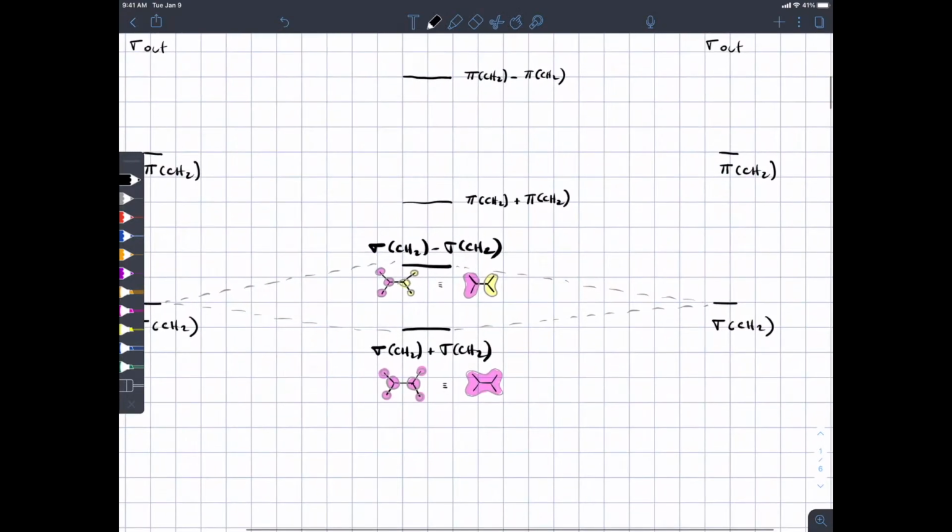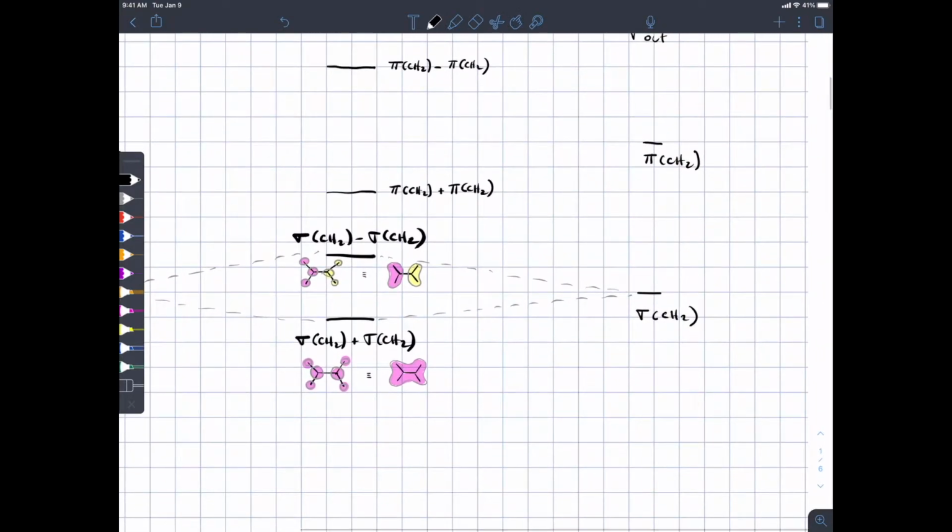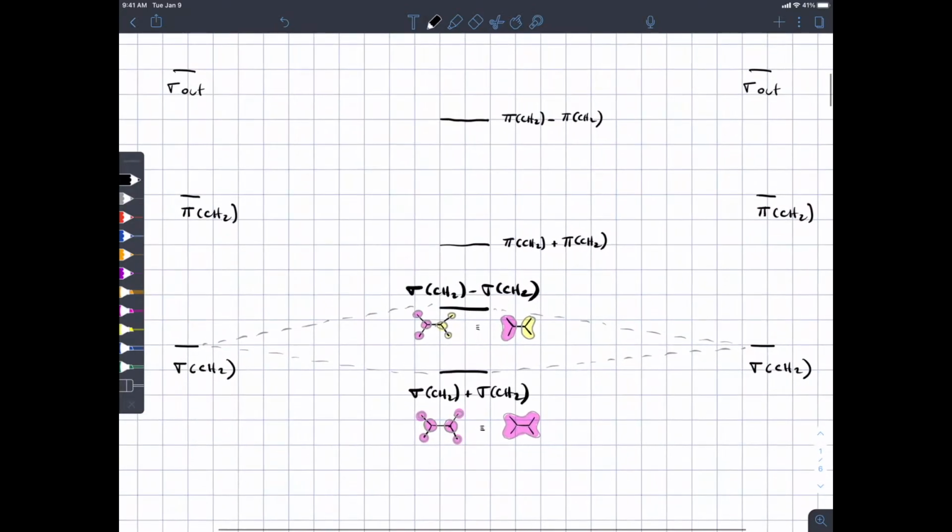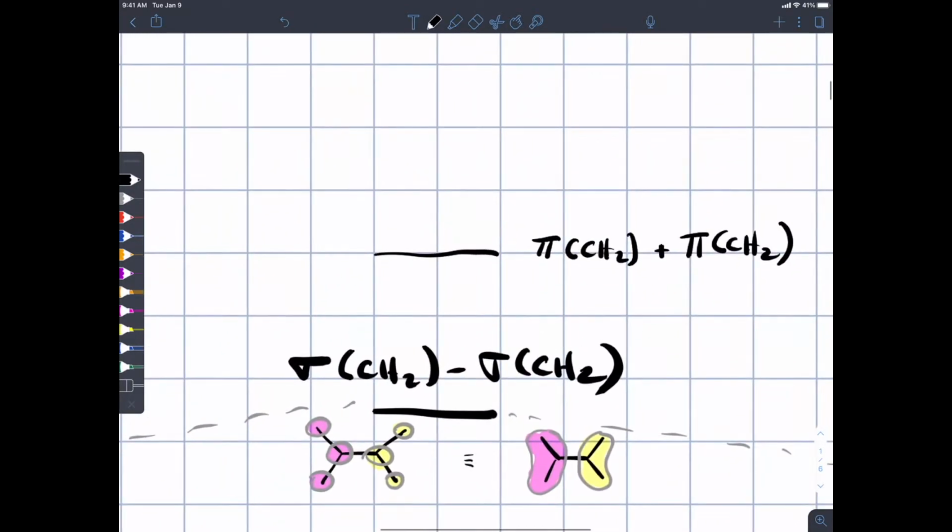And remembering what the pi CH2 orbital looks like, we can now draw the new molecular orbital.